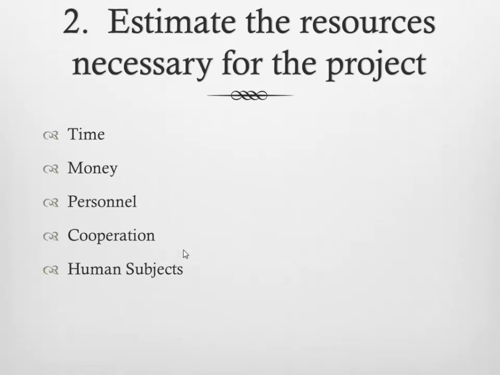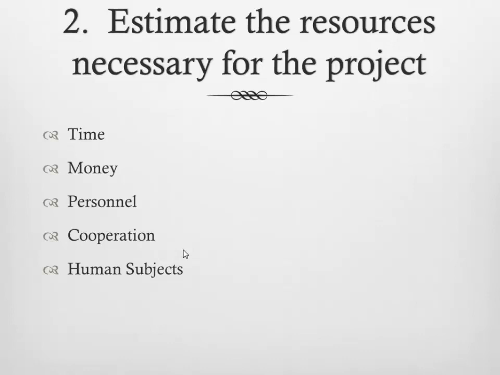Cooperation of your participants, talked about that, and then human subjects. Human subjects takes time. If you're going to be, for example, at a university, and you're going to be submitting a project for human subjects approval, you have to enter that into the equation and think about the time that's going to be spent in seeking human subjects approval, in submitting and then waiting for the Human Subjects Committee to meet and evaluate your proposal.